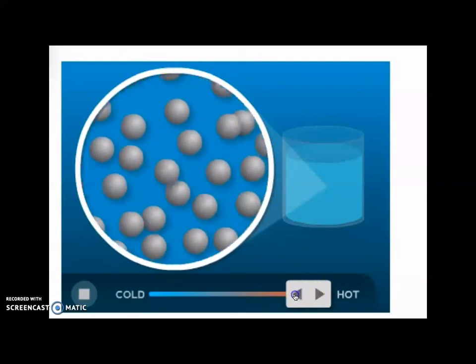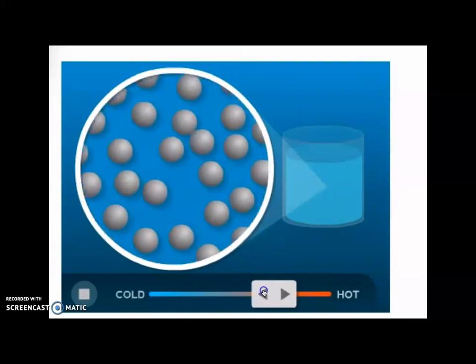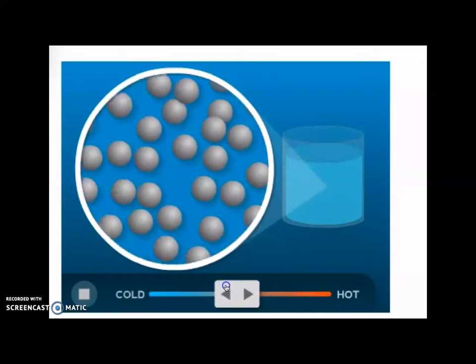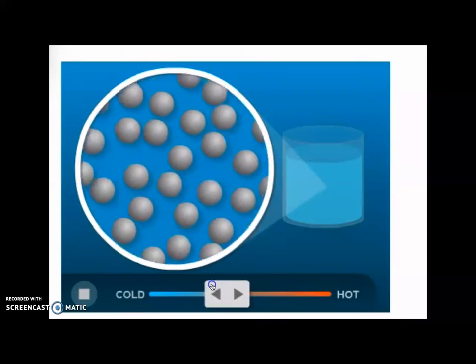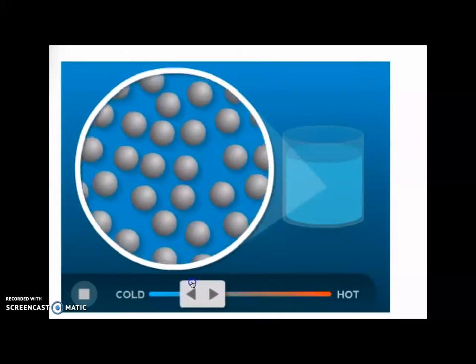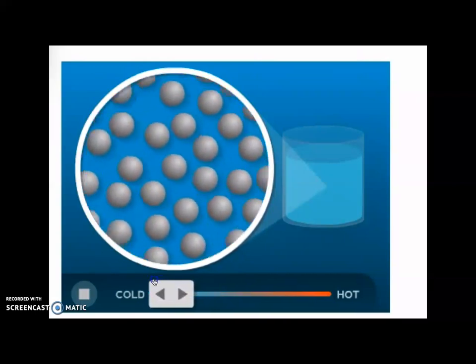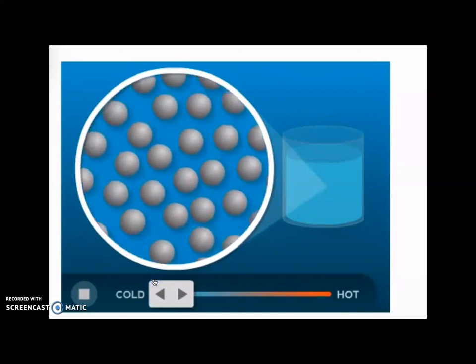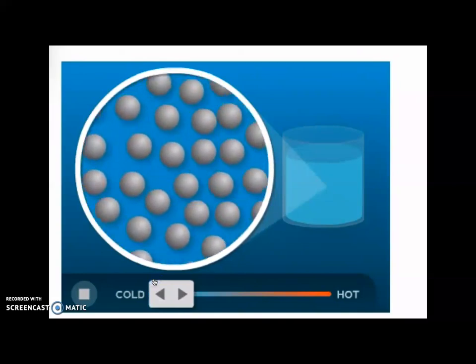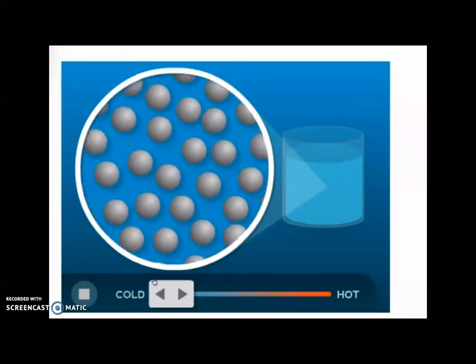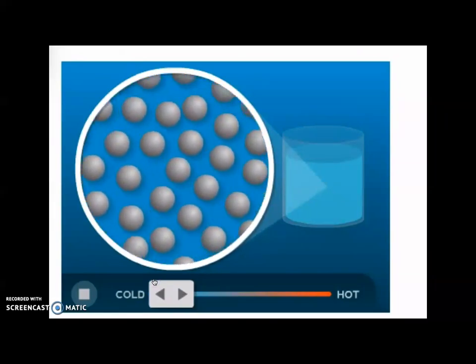Now, if we cool this liquid down, we see a decrease in the speed of the particles, and a decrease in the space between them. So this helps to show us what the particle motion looks like in a cold liquid and in a hot liquid.